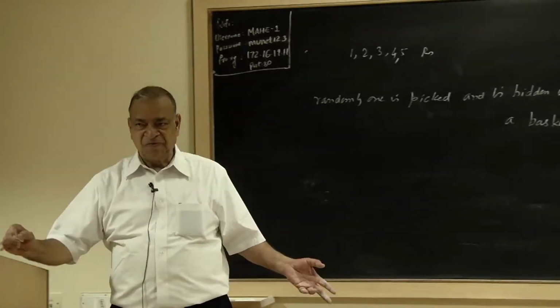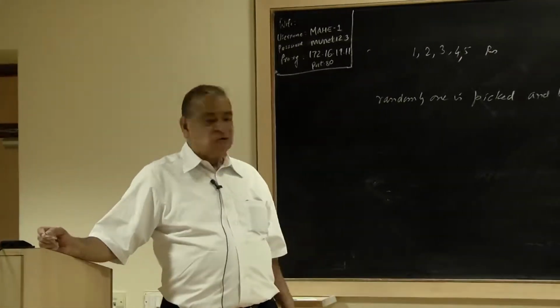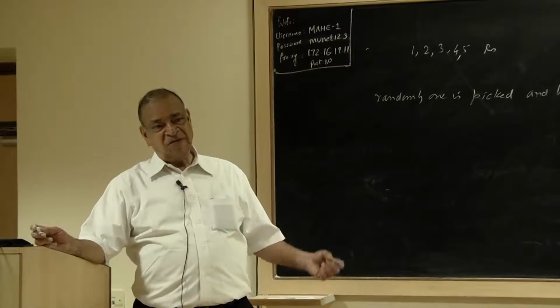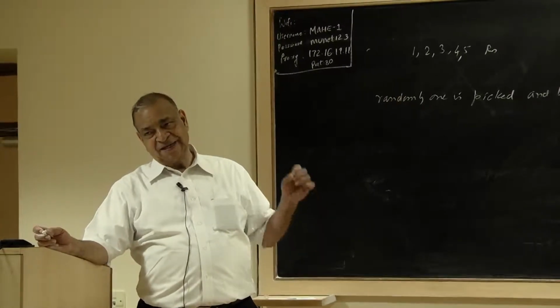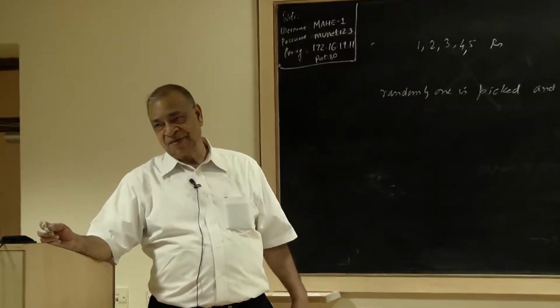Follow me? I have 5 objects, 1, 2, 3, 4, 5. One of them is randomly selected and it is hidden inside a basket.